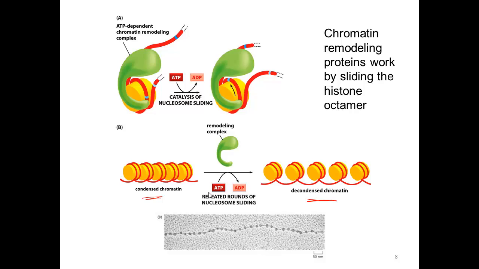This is achieved by the input of energy, the hydrolysis of ATP, and rather than removing histones, they are slid along the DNA to have greater spacing between each other. This is the configuration that the chromatin is likely to be in when it contains an active region with genes that are being transcribed.